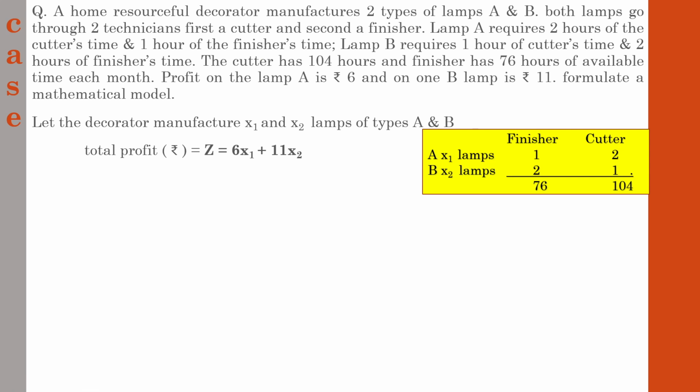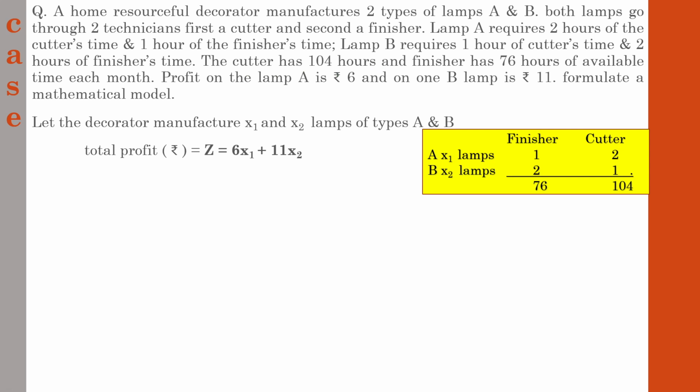Similarly, lamb B requires 1 hour of cutter's time and 2 hours of finisher's time. So we have identified the time required by the two technicians on both lambs. And lastly it is mentioned that the cutter has 104 hours in total.